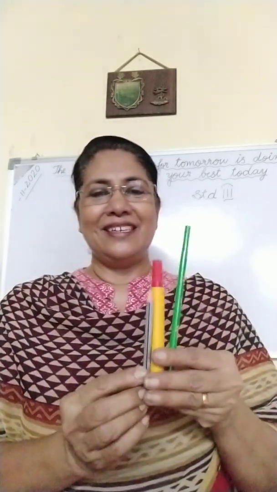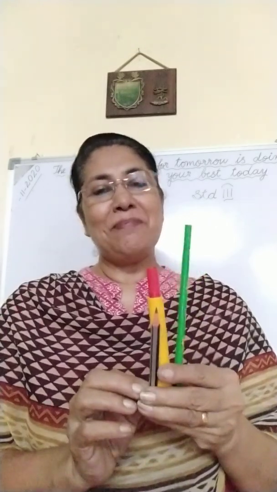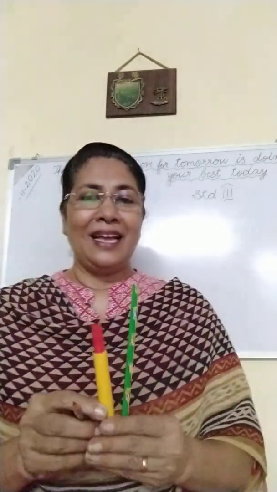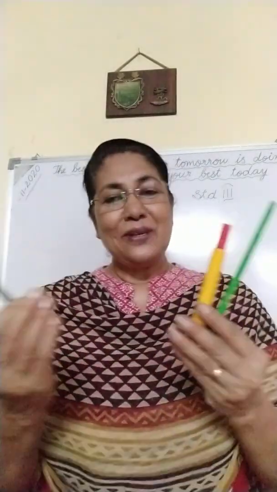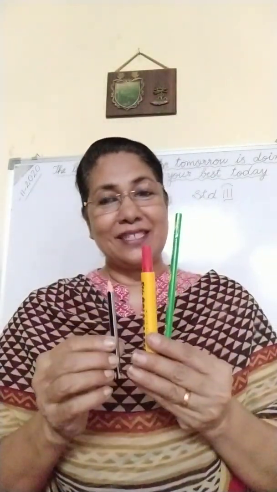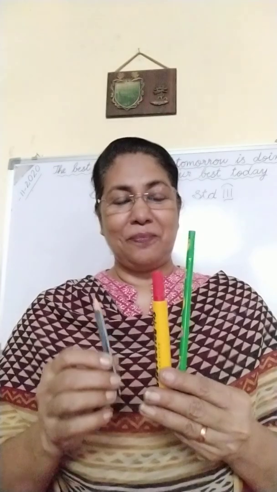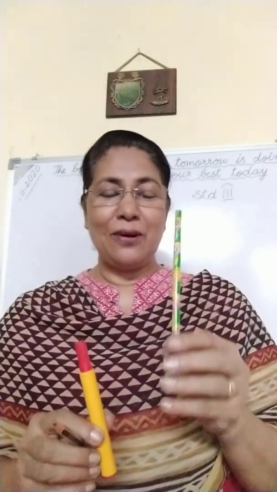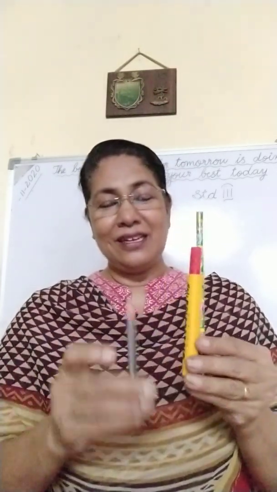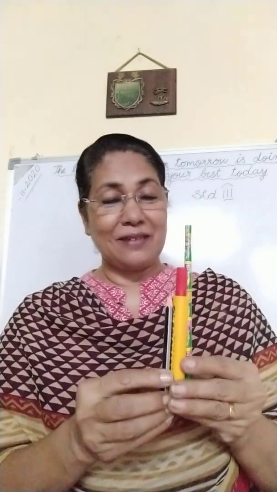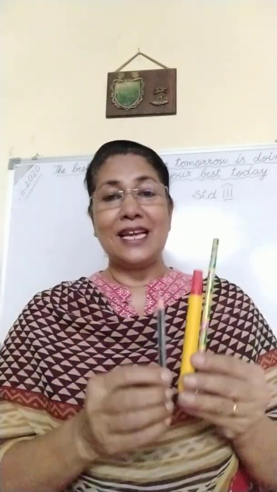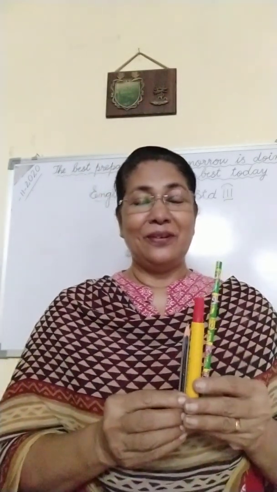This is the comparison. That means you're comparing the height or the length of it. Now this pencil is small, pen is smaller, and this pencil is the smallest. Small, smaller, and smallest.